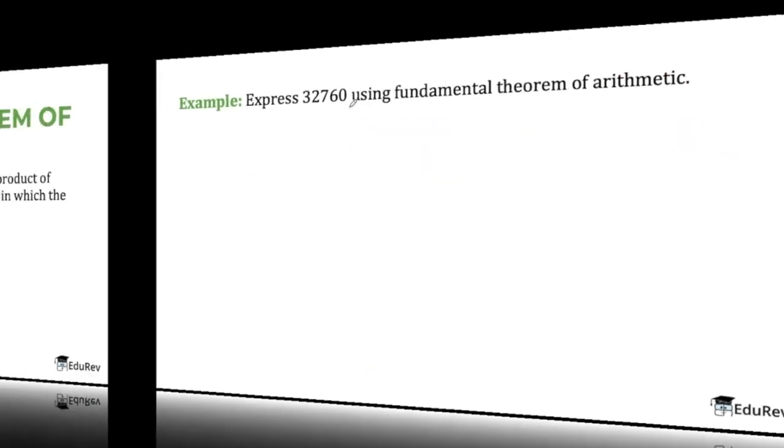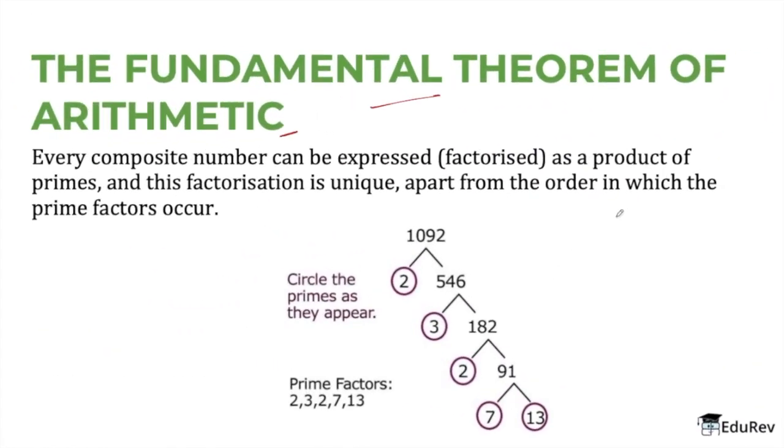Now, when I go back to the concept itself, 2 times 546 is 1092. Then 3 times 182 is 546. Then 2 times 91 is 182.